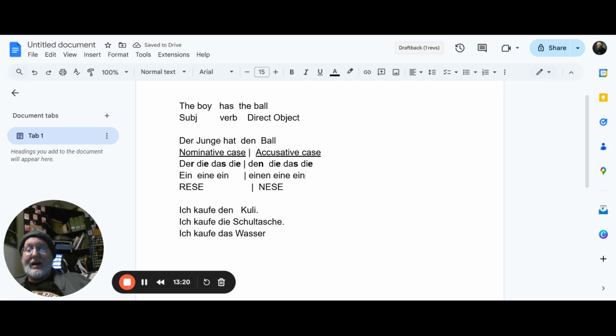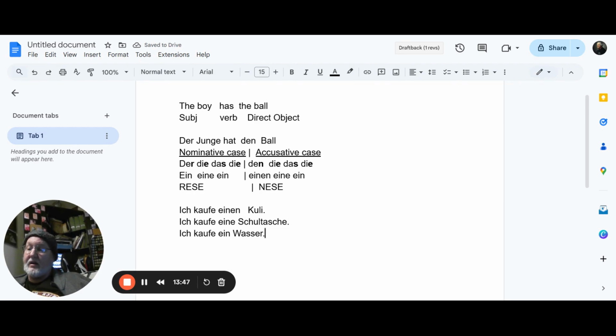So if I want to buy the Kuli, and if it's indefinite, I say ich kaufe einen Kuli. If I want to buy the school bag, I want to buy a school bag, eine Schultasche. And if it's Wasser, I want to buy a water, it's ein. See how that works? Very simple. Okay. Ich kaufe einen Kuli.